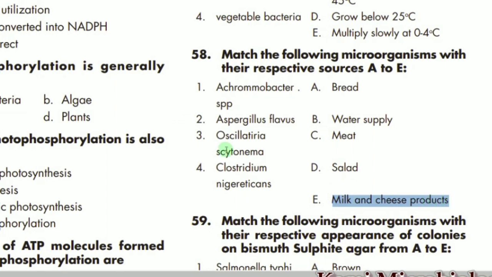Aspergillus flavus, for this the correct option is bread. Then Oscillatoria, for this the correct option is water supply. B is the correct for the third. Then for the fourth, Clostridium nigrificans, the correct option is meat. So C is the correct option for the fourth.